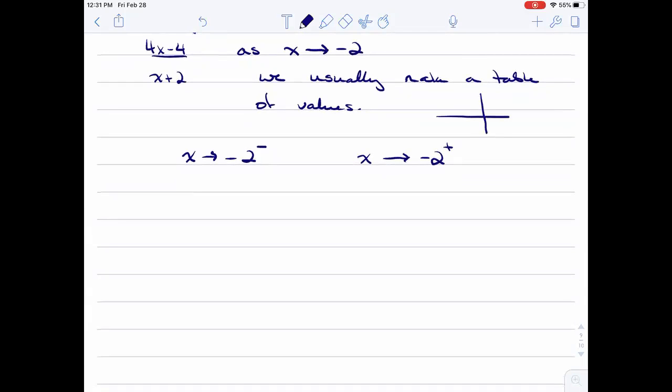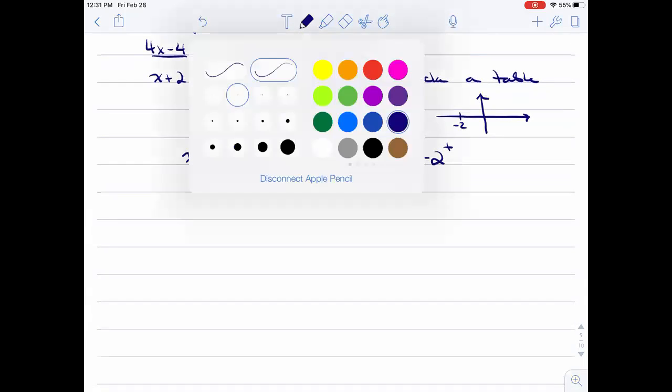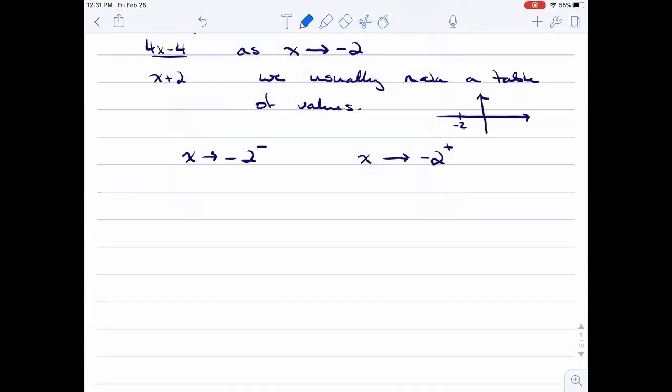Just to show what's going on here, I've got my XY axis here. Here at -2, I'm going to pick a couple of points here, here, here, here. This is as x approaches -2 from the left, and on this side, we've got x approaching -2 from the right.